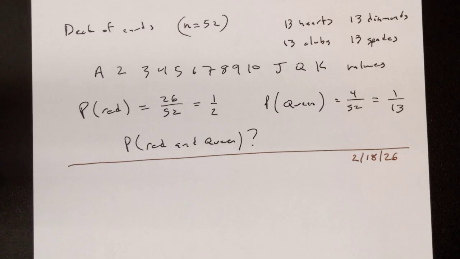What's the chance of getting red and queen? 1 in 26. Why 1 in 26? There's 2 red queens. Bingo, there are 2 red queens. But the other way I can look at that is that 1 in 26 also happens to be a half of 13, a half of 1/13. So I get a very convenient relation.